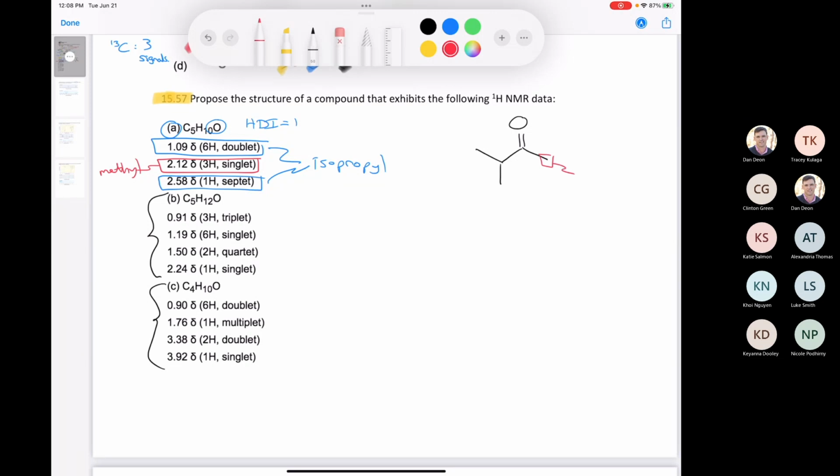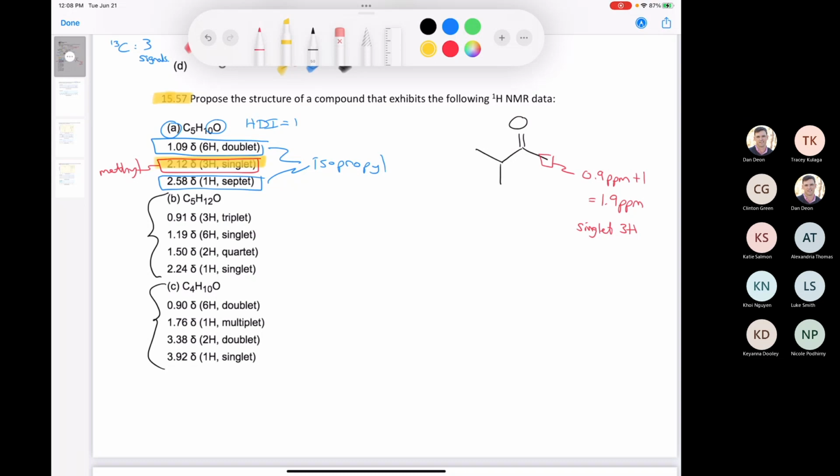We know that the baseline of a methyl is 0.9 parts per million. However, it's alpha to the carbonyl of a ketone, so we add 1 and we get 1.9 parts per million, and that would be a singlet that integrates for 3 protons. So it makes sense that it would be this methyl group.